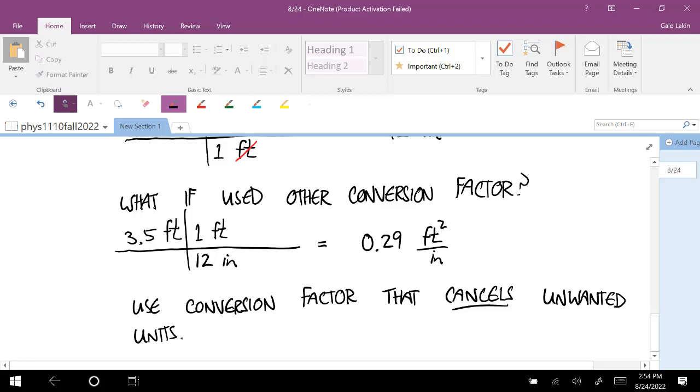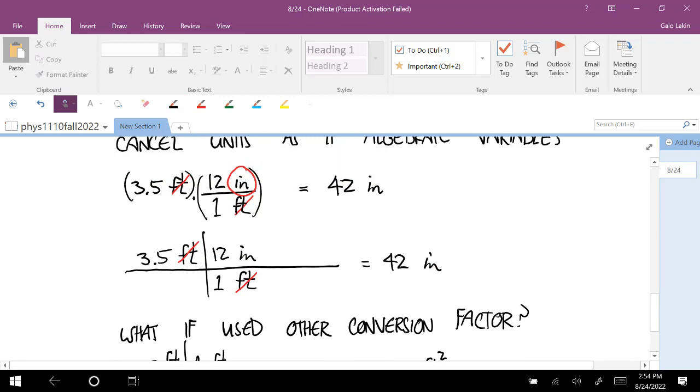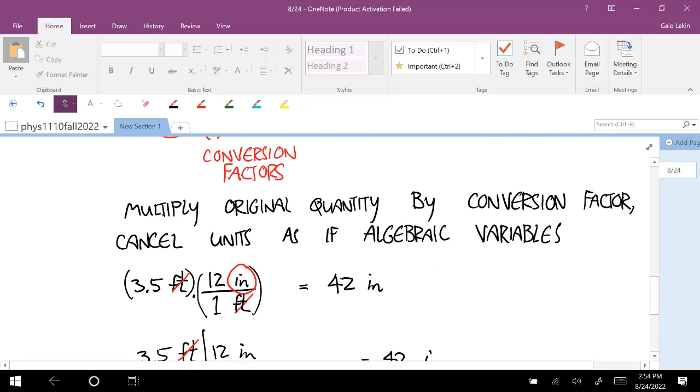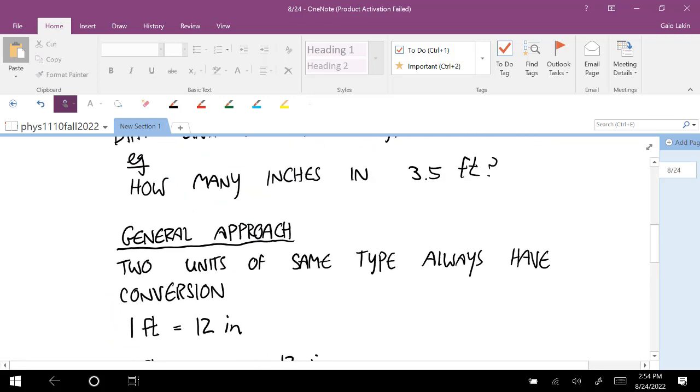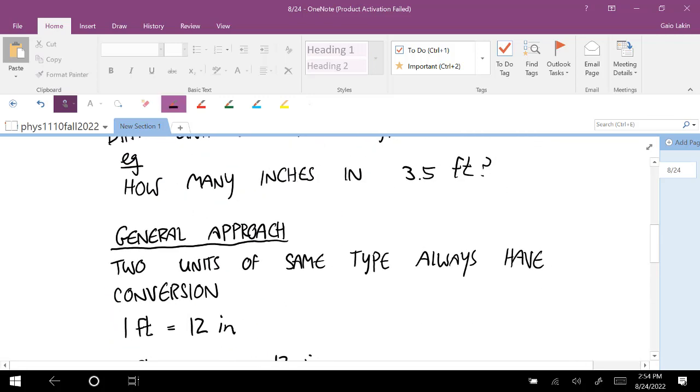So let me go back to that example and let you see what I'm talking about. We started out with feet, and we want to go to inches. So feet is our unwanted units. We're trying to get rid of the feet and switch it to inches.